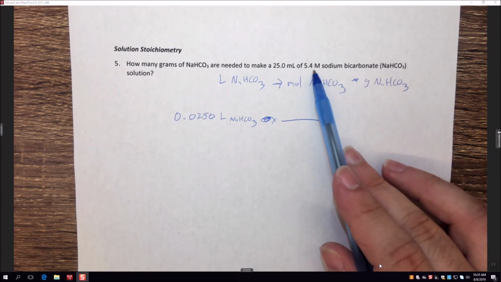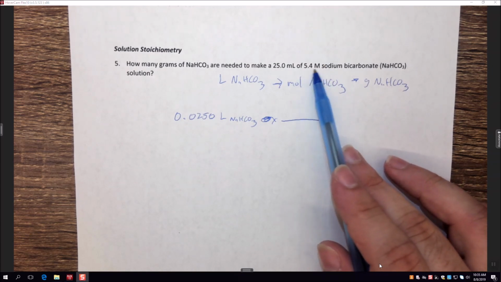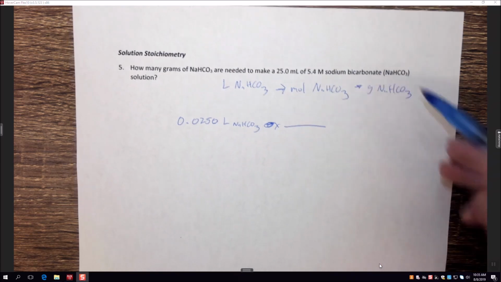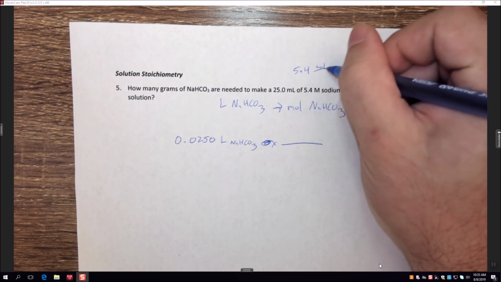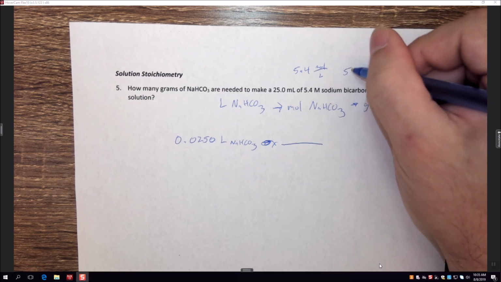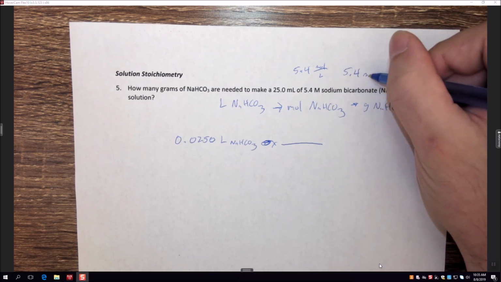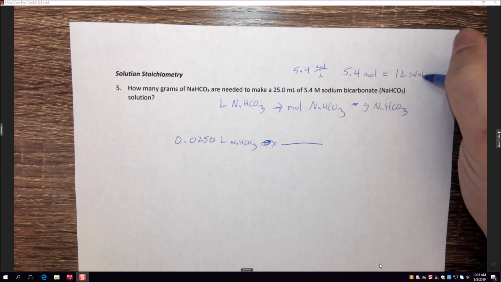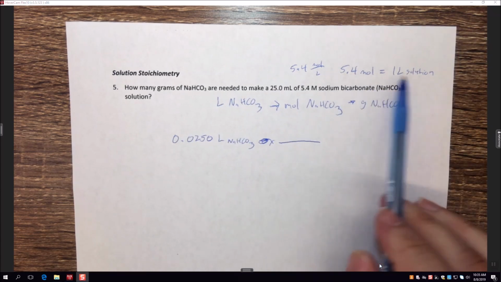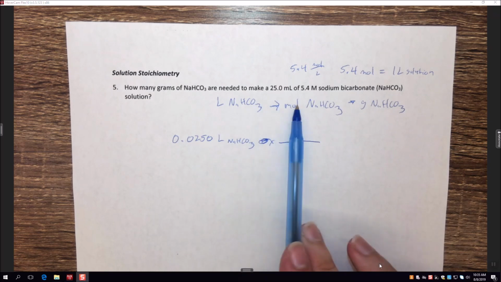Remember, 5.4 molarity means that 5.4 moles per liter. Said another way, 5.4 moles is equal to 1 liter of solution. So we have an equality we can use to convert from liters to moles.